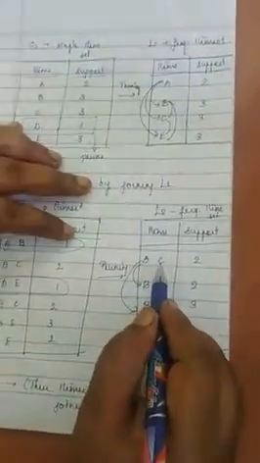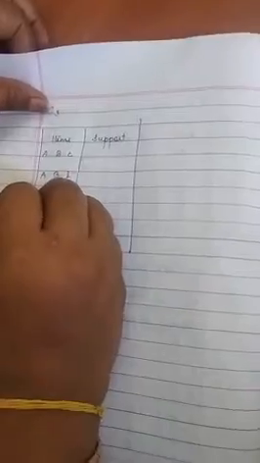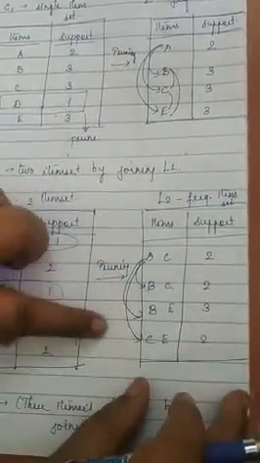Then we have C here, so BCE. Now we completed this. Next, with this again we have ACE.